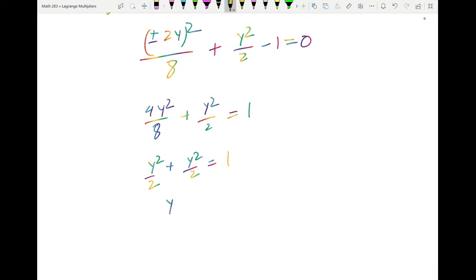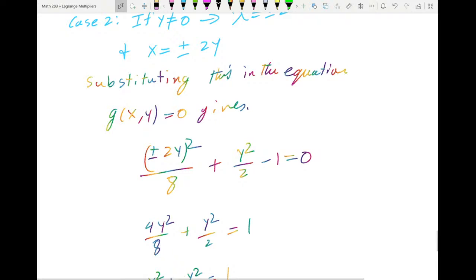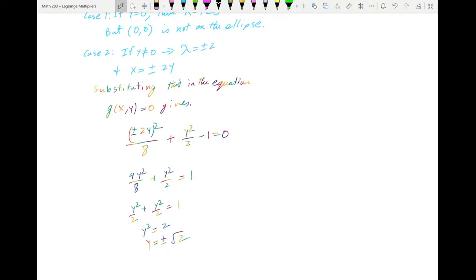Is that correct? I get y squared equal 2, so y equals plus or minus square root of 2. Did I make a mistake somewhere?